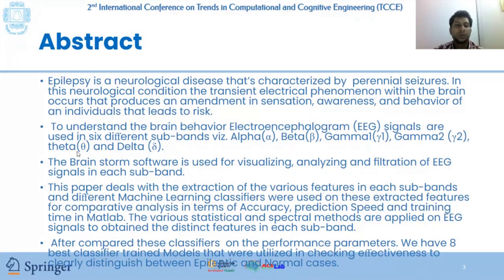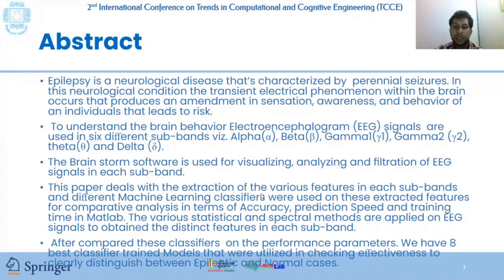Here, we understand these risks on the basis of the electroencephalogram, also known as EEG signals, which is divided into 6 subbands. These subbands are used for analysis, detection, prediction, or for sensing the electrical behavior of the brain. For analysis and for visualizing these conditions in the subbands, we have used Brainstorm software.